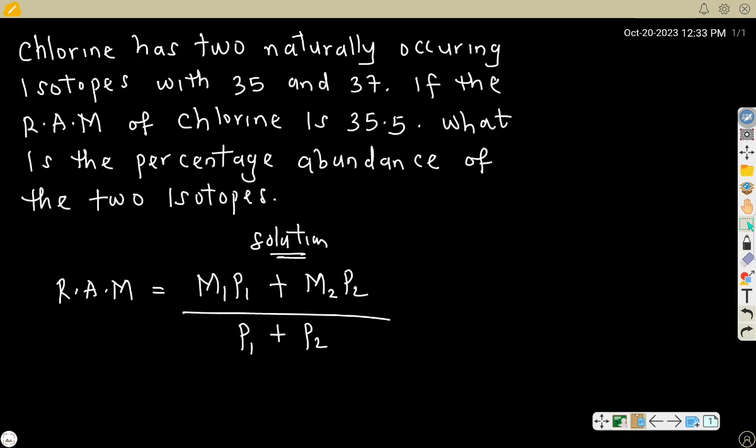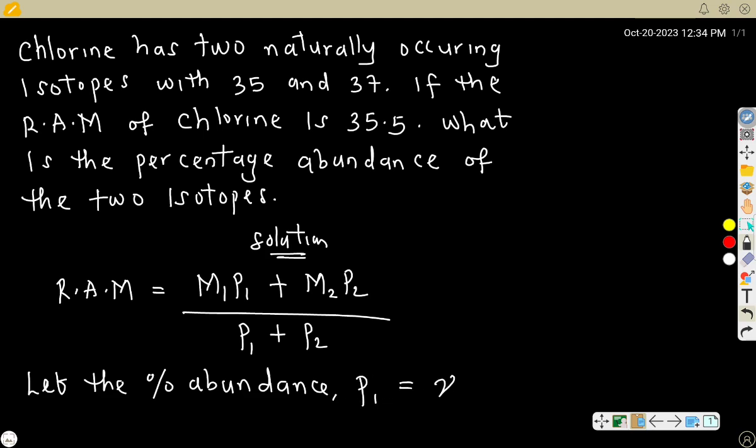Since we don't know the percentage abundance, we can say let the percentage abundance P1 be equal to X. And remember, P1 plus P2 must be equal to 100.